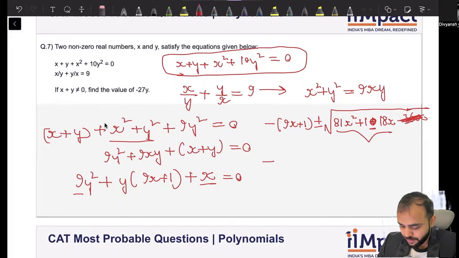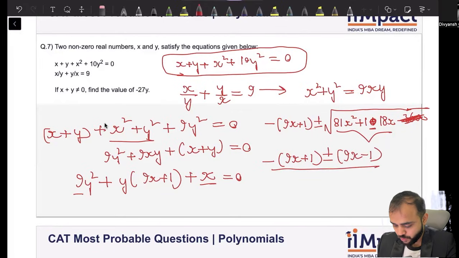So my roots will become minus (9x plus 1) plus minus (9x minus 1) divided by 2 into 9, that is 18. So this is the value of y that I'm getting. So now I'll find the roots. One root will be y is equal to minus x, and the other root will be y is equal to minus 2 by 18. So that is minus 1 by 9.